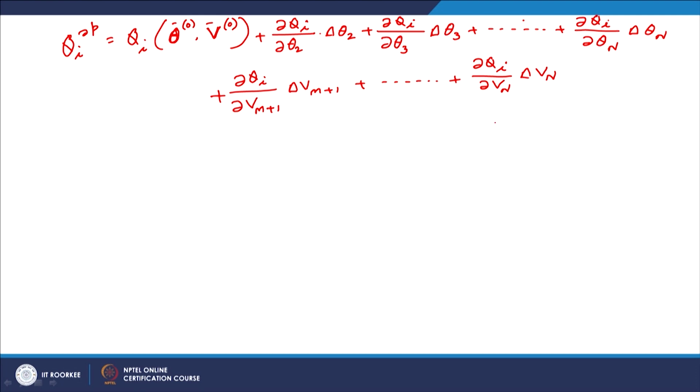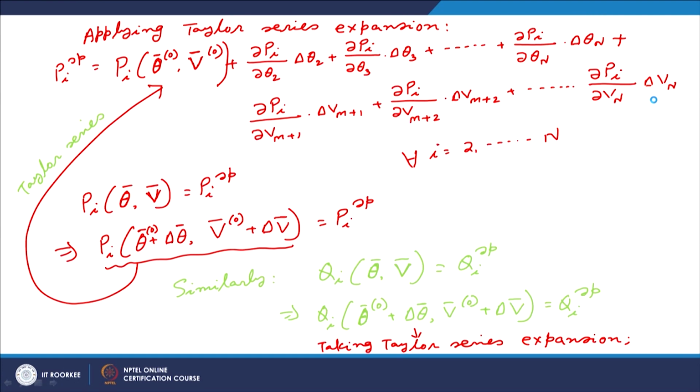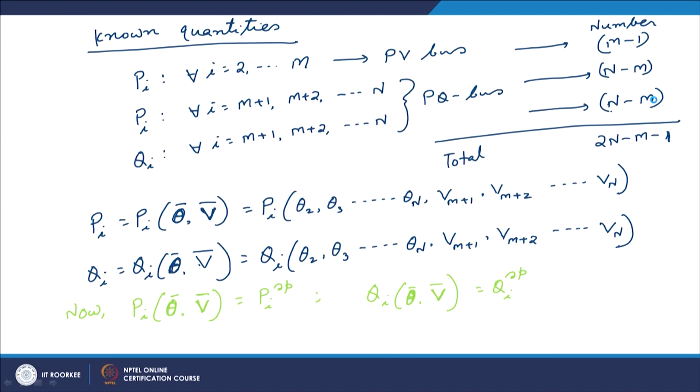This would be for i equal to m plus 1 to n, because we can see from here that Qi varies from m plus 1 to n.